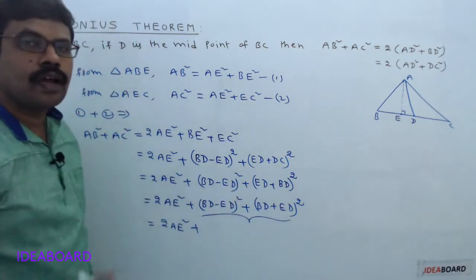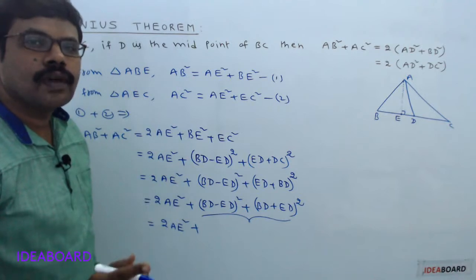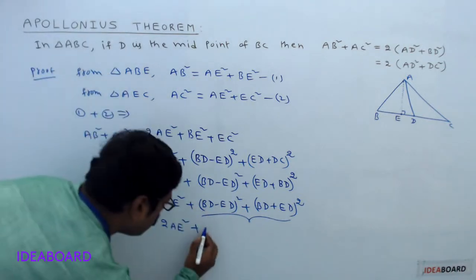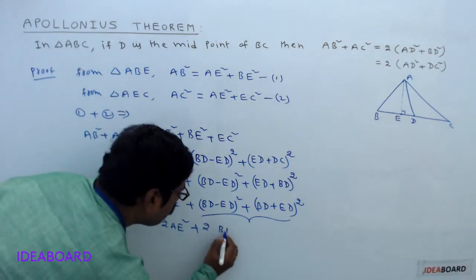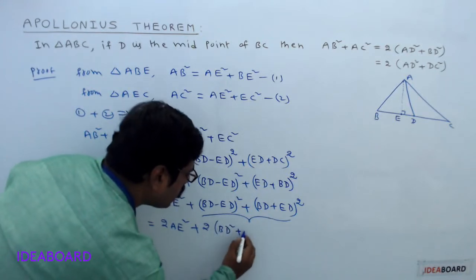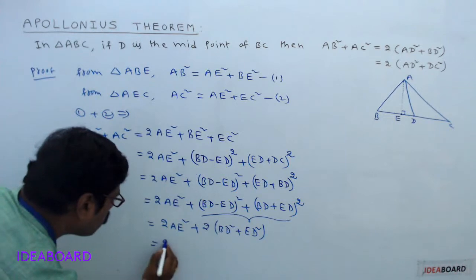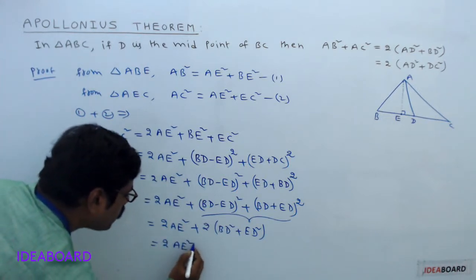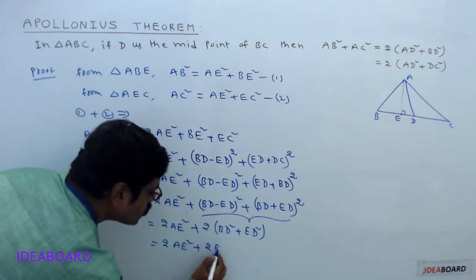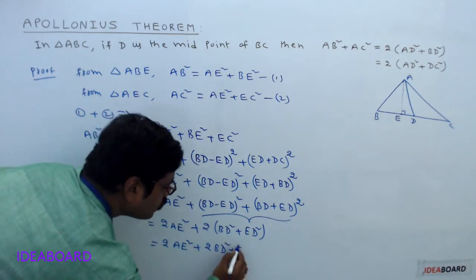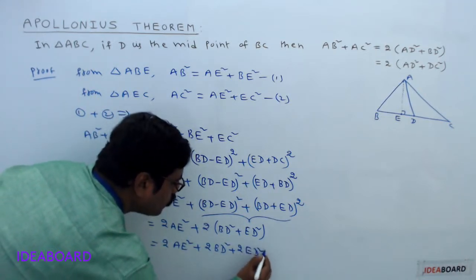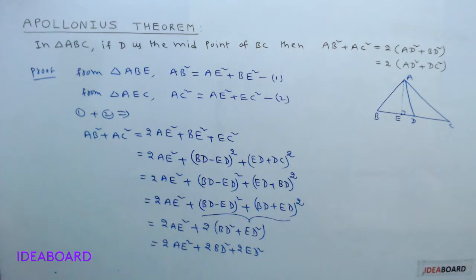What is its formula? 2 into a square plus b square. So it is 2 into BD square plus ED square. Now this equals 2 into AE square plus 2 into BD square plus 2 into ED square.